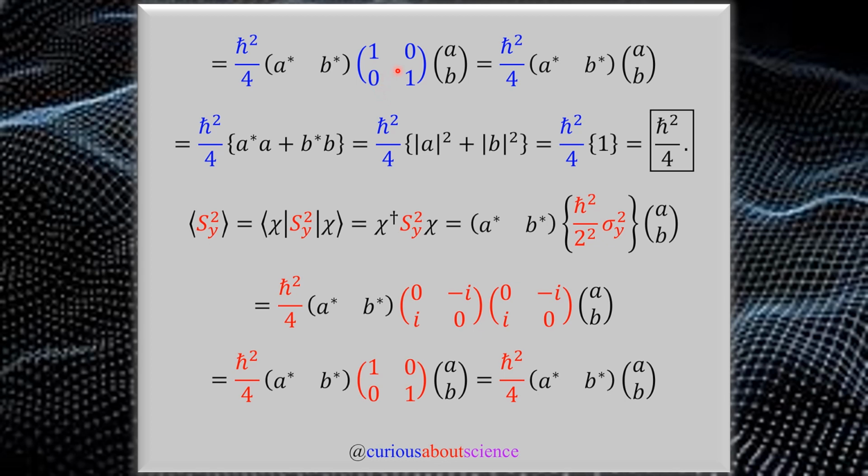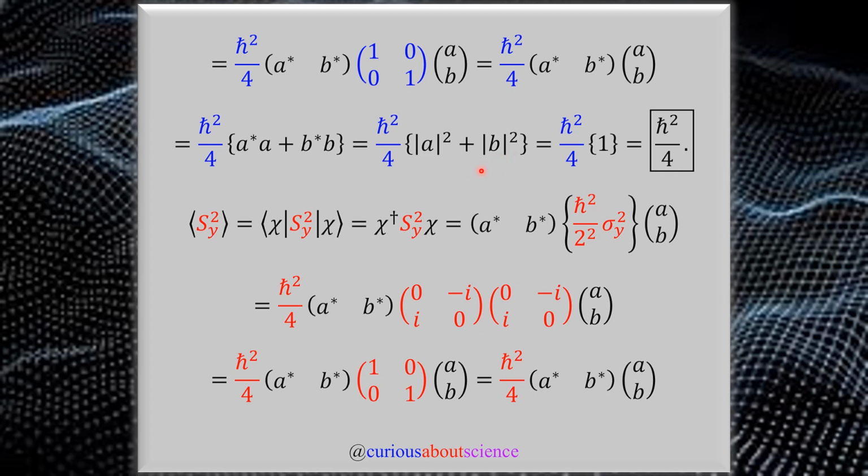Which we see here, when we multiply those two matrices, we get the identity matrix. We know that this times any of the vectors to the right gives the same vector back, hence a b again. Now we see that a star, b star multiplied into this column vector gives us this, which is magnitude a squared plus b squared.